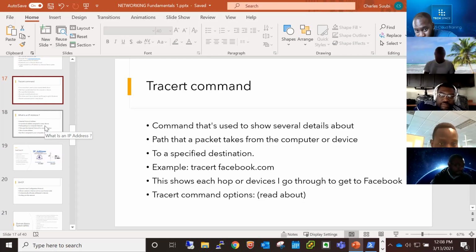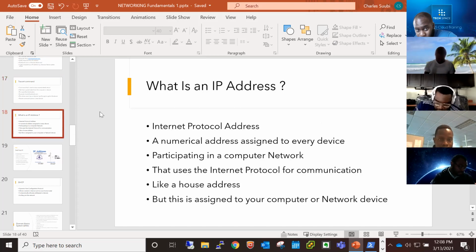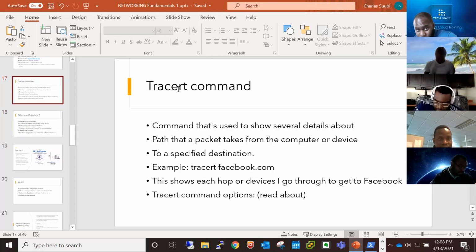So traceroute is for Linux and Unix machines, which you're going to be doing at the beginning of April. You're going to be using commands like traceroute. For Windows, it's tracert. So that's why it did not work. And when I wrote traceroute, I was thinking in Linux terms, not Windows.